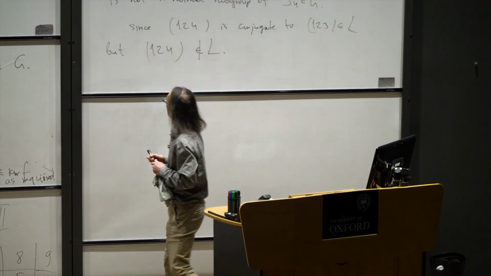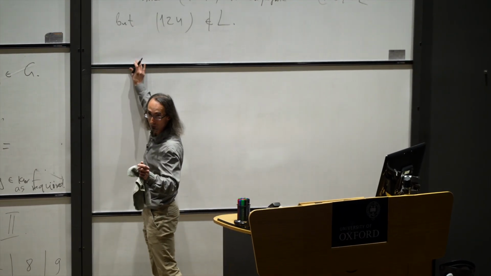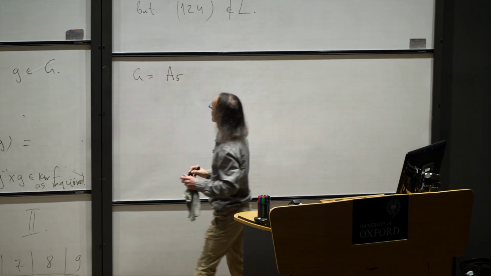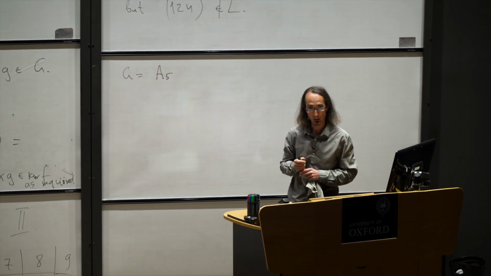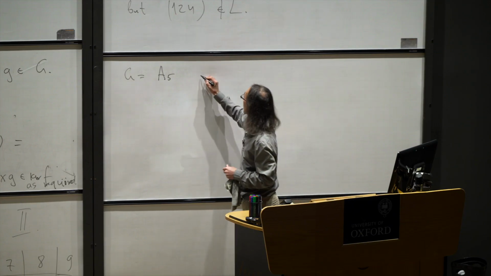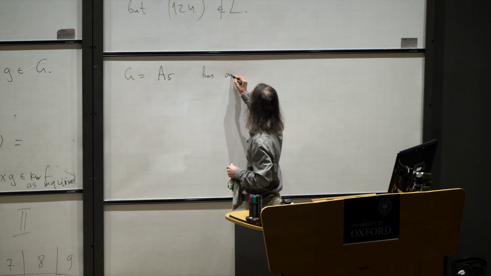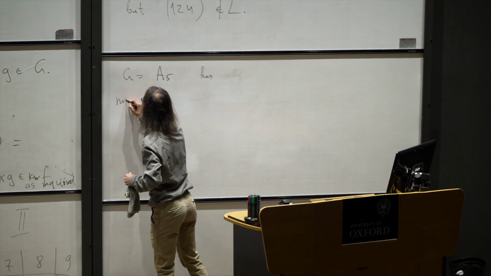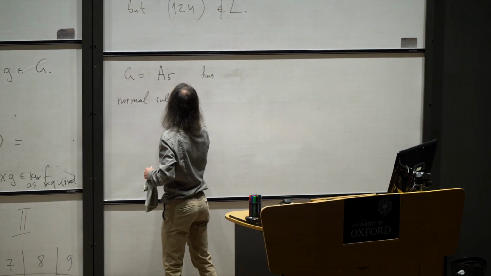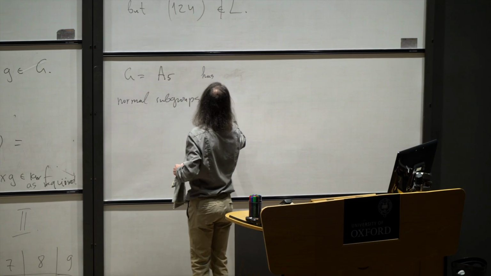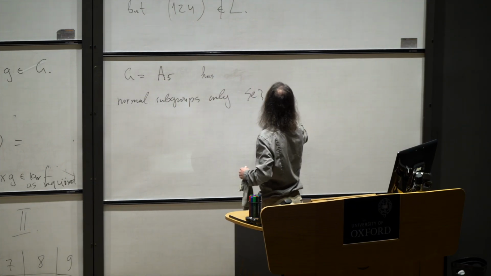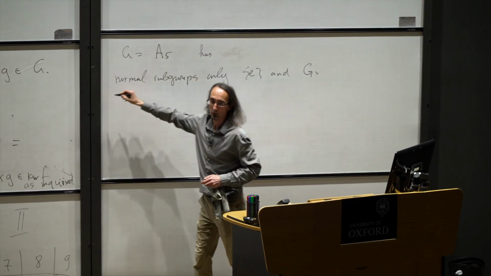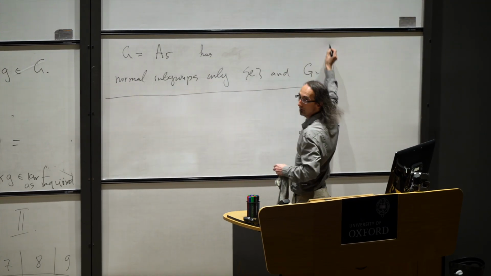And a more elaborate example that I'm going to return to later is if I took G to be the alternating group A5, it has only normal subgroups the identity and itself. Okay. I'm going to prove this in the next lecture.